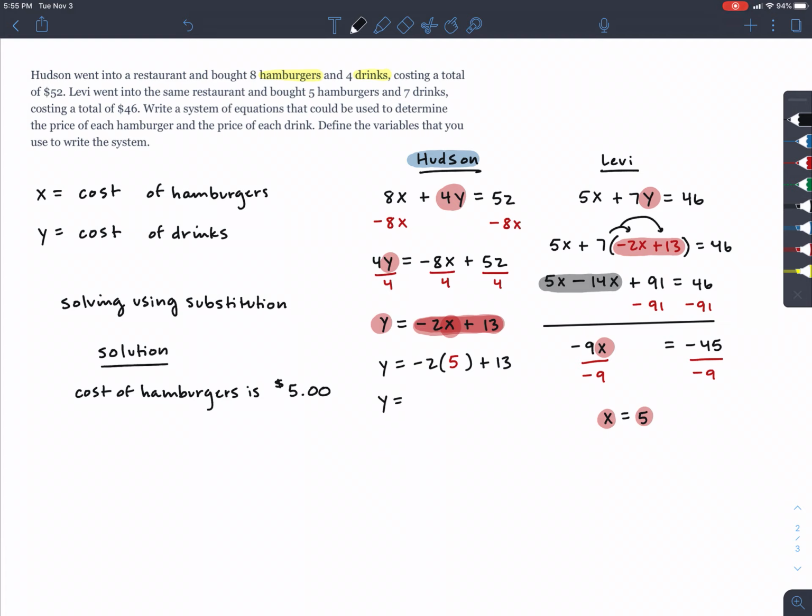So y is equal to negative 10 plus 13, and y is equal to 3. And there is my second solution. My cost of drinks is $3. And there is our solution.